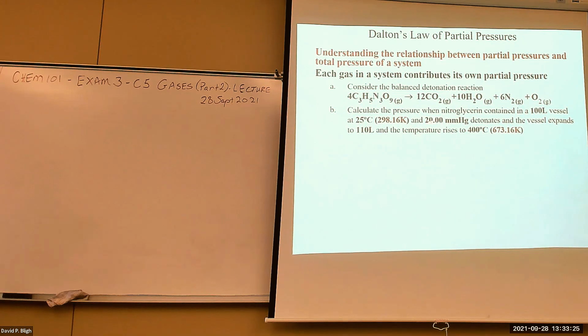So under these conditions, it would be a gas. And we detonated it. And apparently the vessel is allowed to expand, so it must have a removable cylinder. And the cylinder expanded from 100 to 110 liters. And the temperature rose to 400 degrees from 25. So it's also an exothermic reaction.